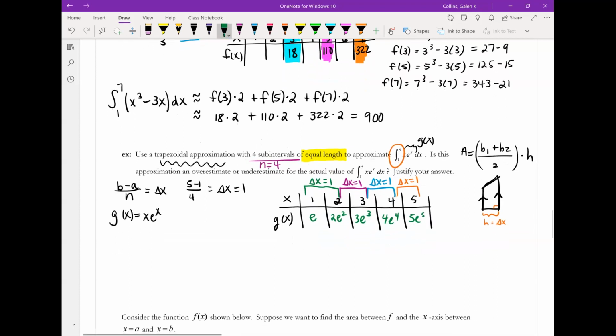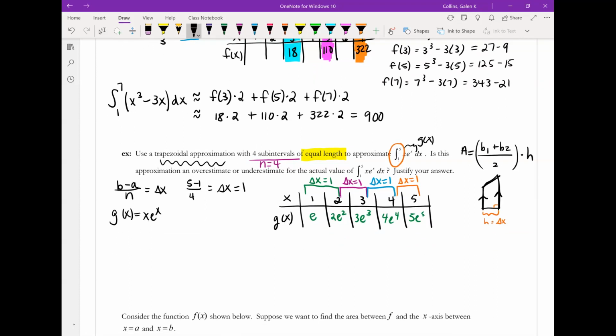So now when we go to approximate our trapezoidal Riemann sum, I know that it's an approximation, so I'm going to try to remember to use my approximately equal to symbol. Remember that the area of a trapezoid is the average of the bases, either add them and divide by 2 or add them and multiply by 1/2, times the height.